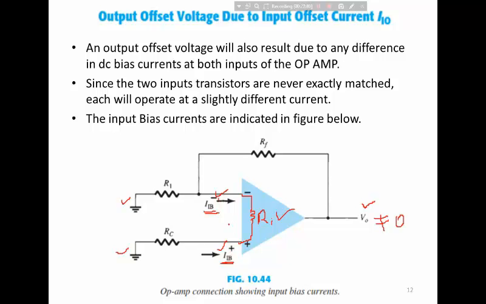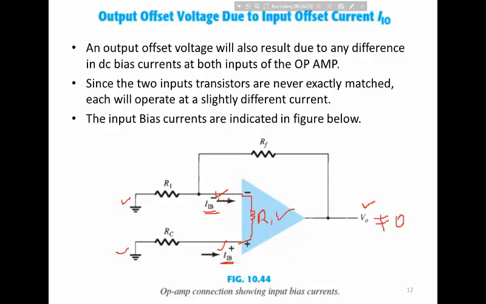If they are not equal, then there will be a net current established through this input resistance. Ideally, these two currents should be equal. That is, the two transistors of the input stage of a differential amplifier should be perfectly matched and should have the same beta value and same characteristics, so that these two currents are equal.